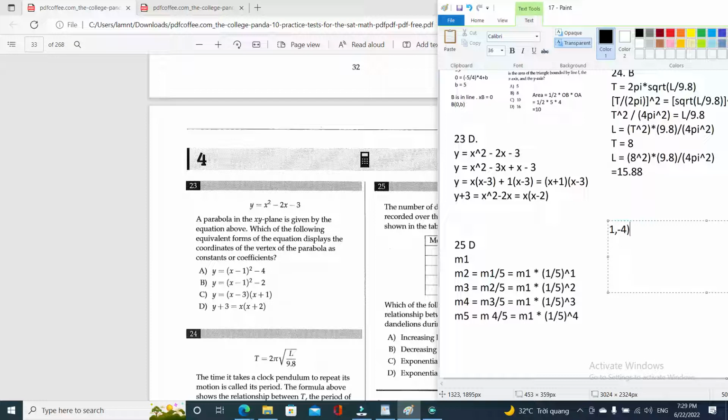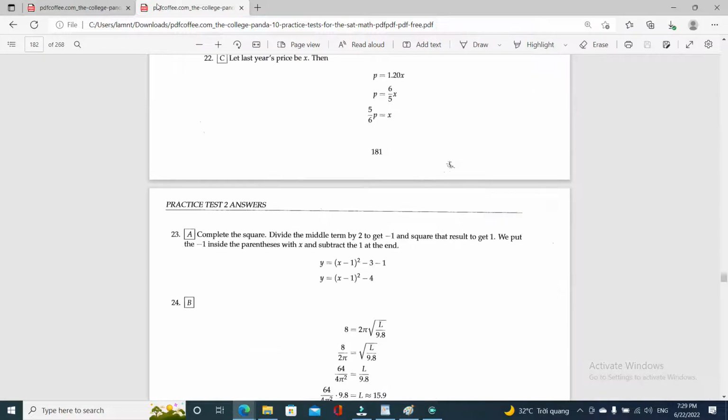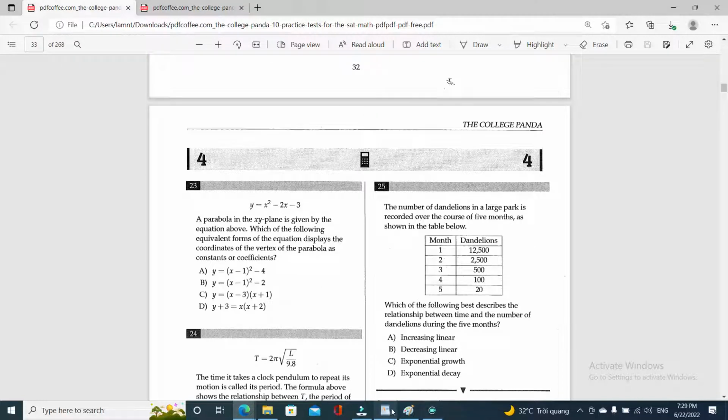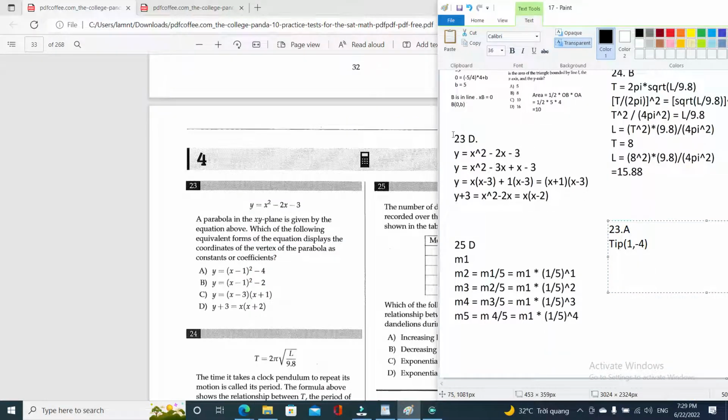So the vertex, the tip of 23, is actually 1 and minus 4, so it's A. Okay, that's what they mean. Yes, I see. That was a little bit of confusion from my side, so I apologize.